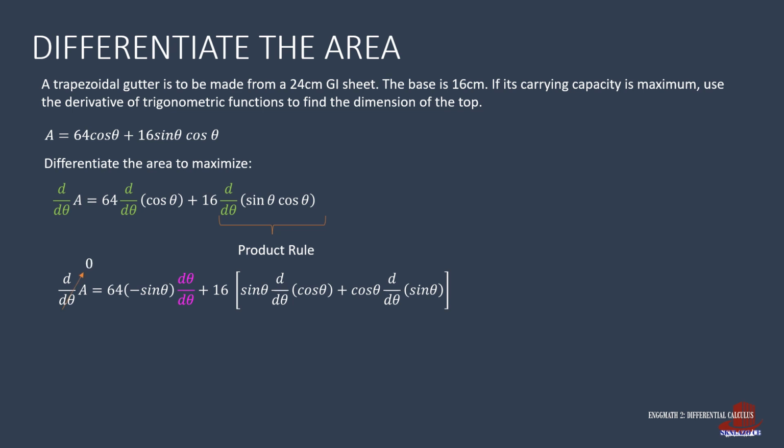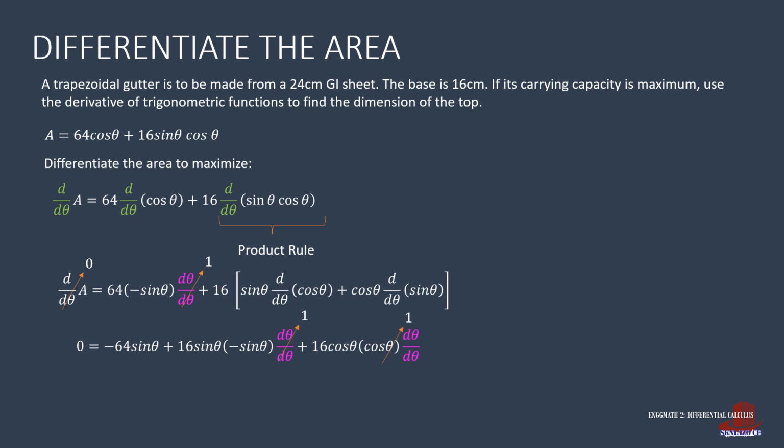dA over d theta is maximized, making it 0. d theta over d theta on the first term is simplified as 1. The function is then 0 equal to negative 64 sine theta plus 16 sine of theta times negative sine of theta with d theta over d theta plus 16 with cosine of theta times cosine theta with another d theta over d theta.